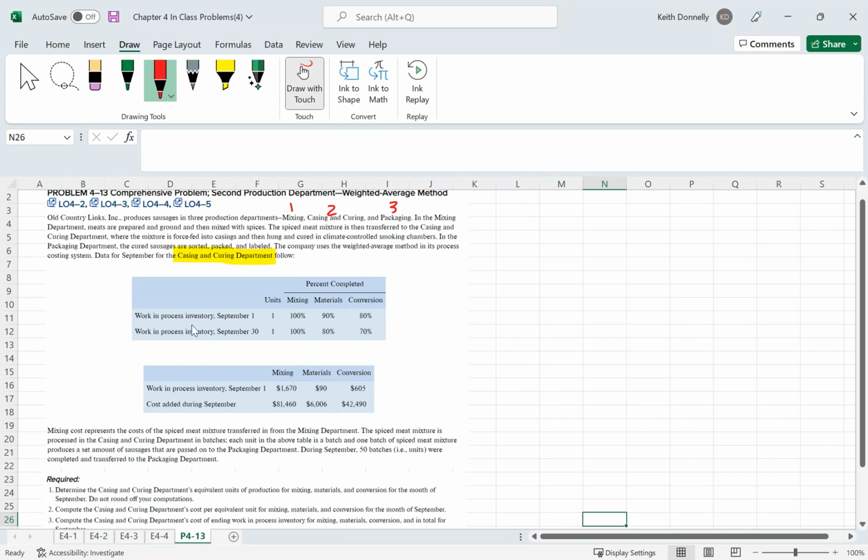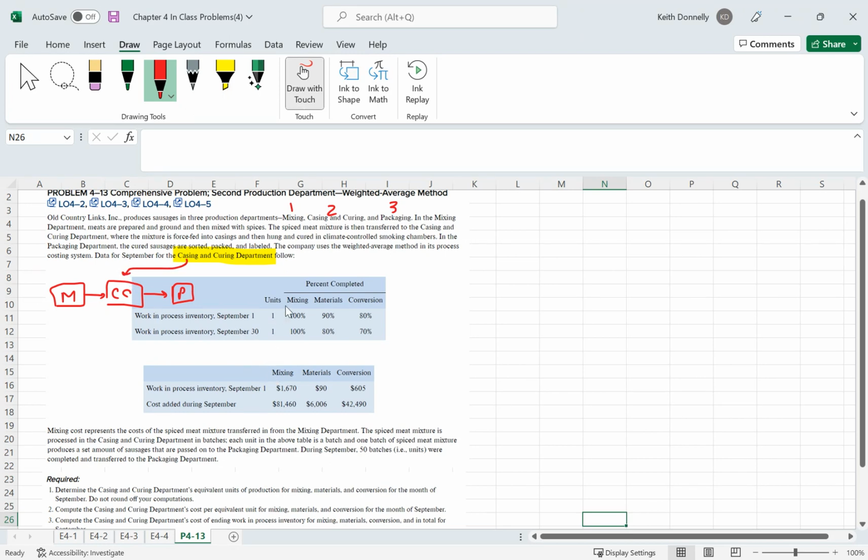So the idea here is, if I were to draw this, we have our mixing department, then we have our casing and curing department, and then we have our packaging department. This is the one we're looking at, casing and curing.